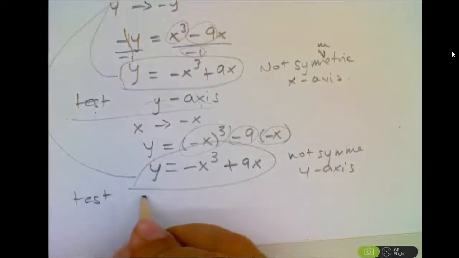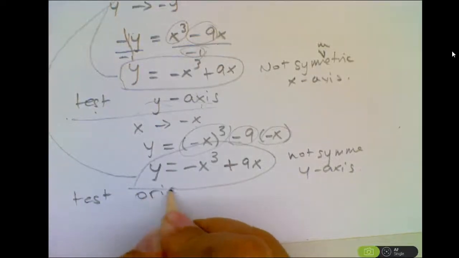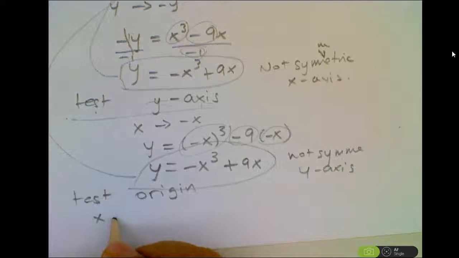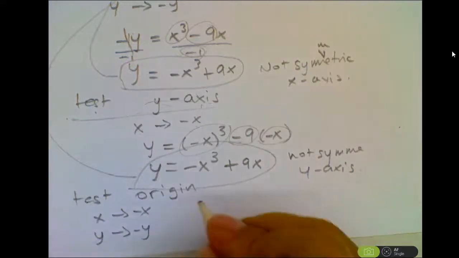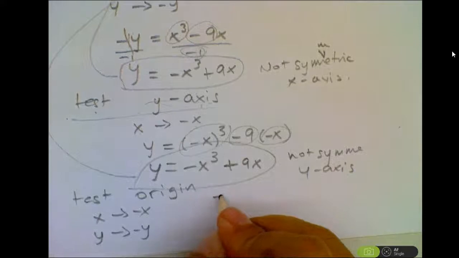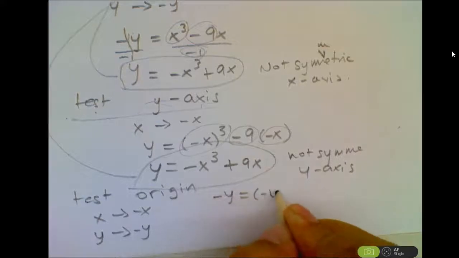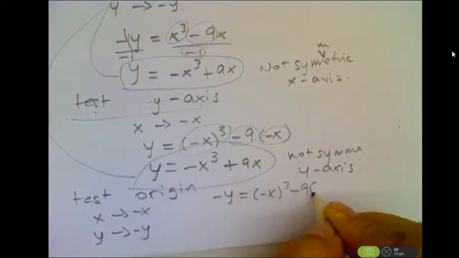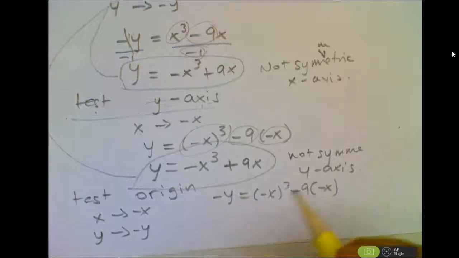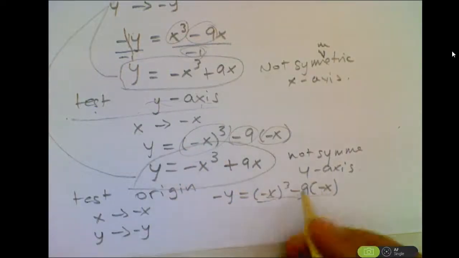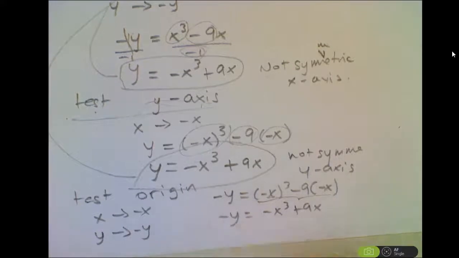So test for symmetry around the origin. You're going to change x with negative x and y with negative y and see if you get something that is equivalent. So negative y equals negative x cubed minus 9 times negative x. From the previous test, I know that this becomes negative x cubed plus 9x. And now I have to divide by negative 1.